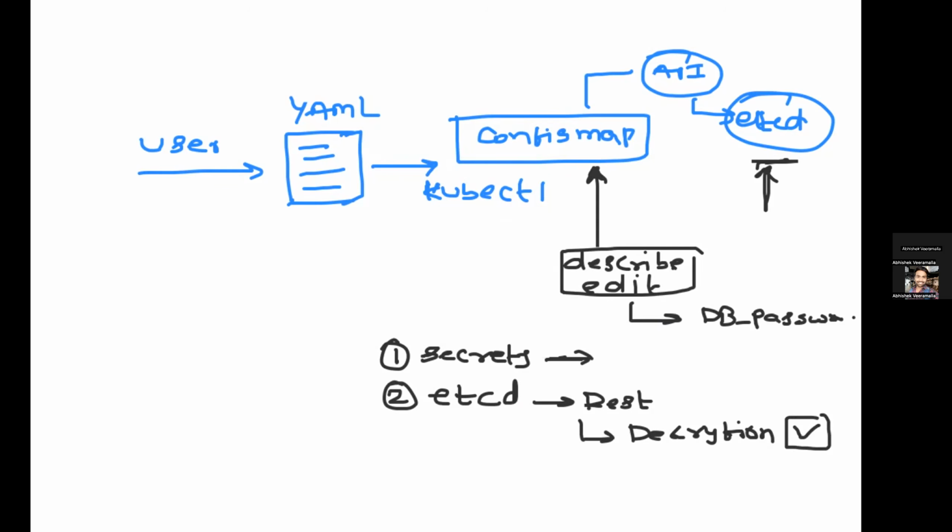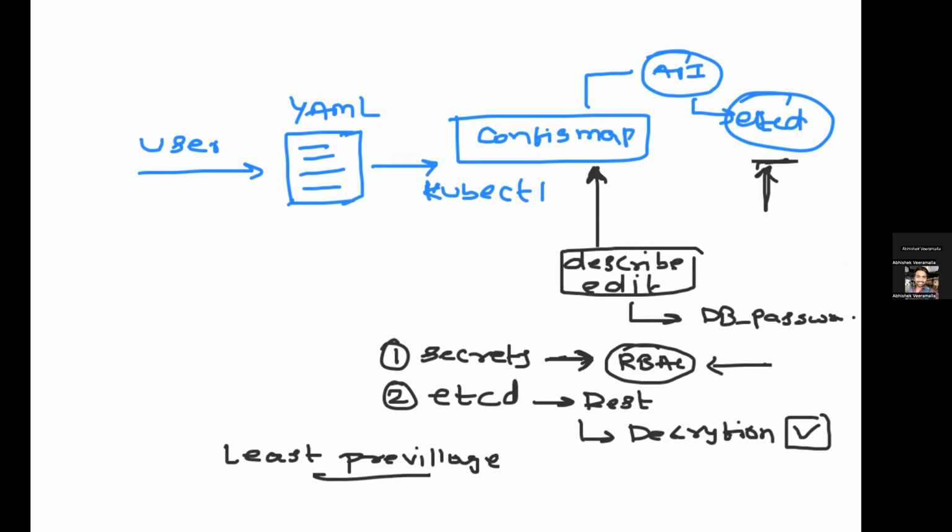Kubernetes says, whenever you create secrets, use a strong RBAC. There is a very popular concept in DevOps called least privilege, where you only grant the least access, so a very small number of people should have access to secrets.